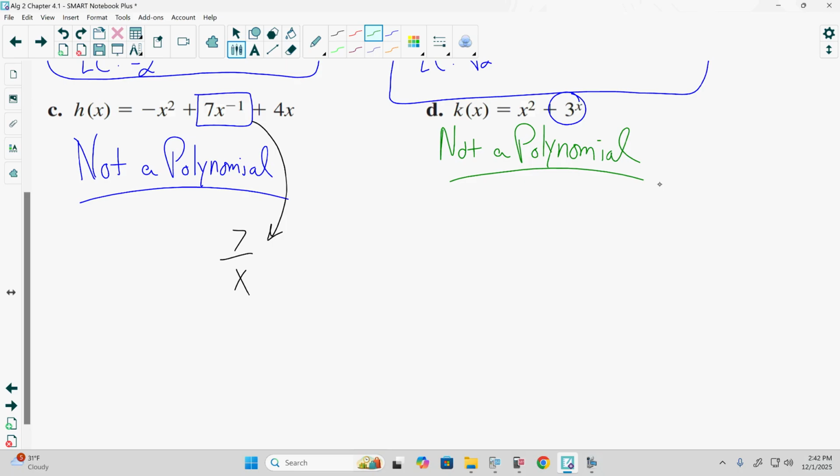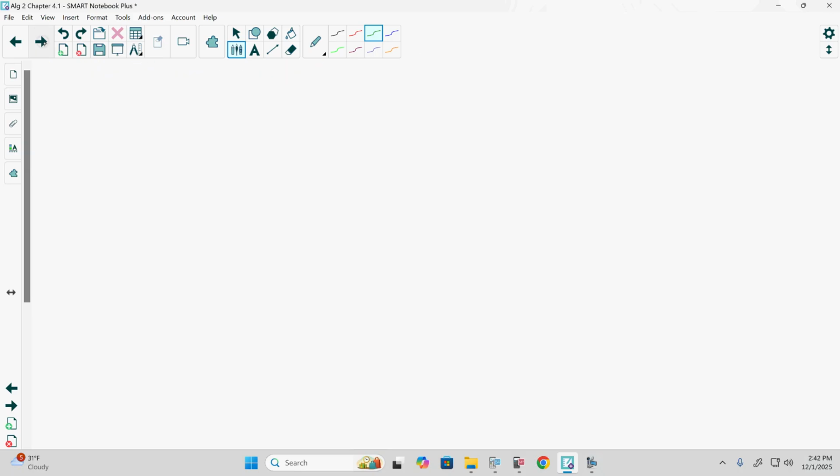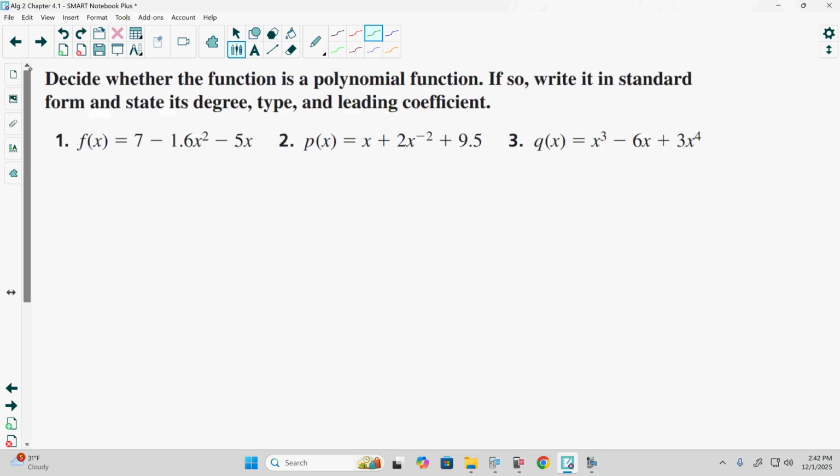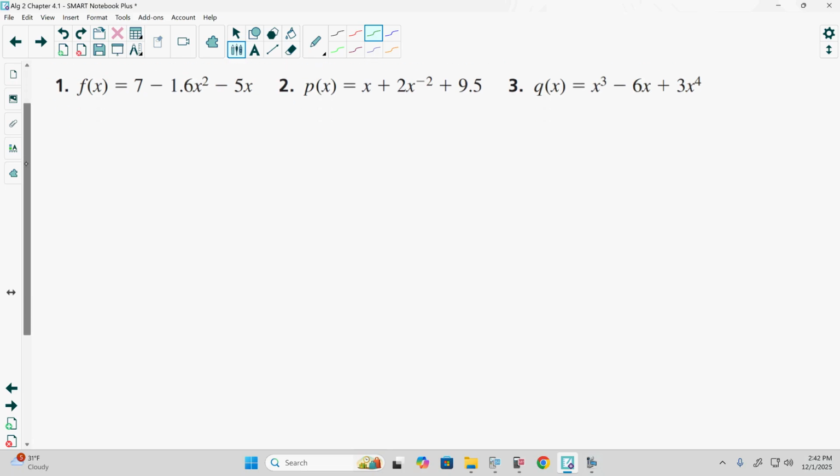Questions on A through D? I'd say probably we look at 2 more, and I think we feel pretty good with these here, yes? Let's look at number 1. F of x equals 7 minus 1.6x squared minus 5x. Can we say this is a polynomial function? Yes.